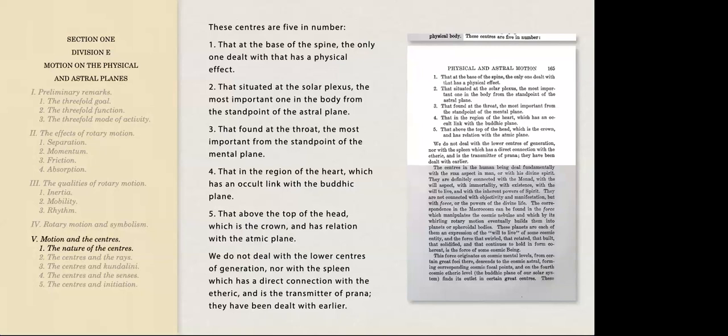That in the region of the heart, which has an occult link with the Buddhic plane. 5. That above the top of the head, which is the crown and has relation with the Atmic plane. We do not deal with the lower centers of generation, nor with the spleen, which has a direct connection with the etheric and is the transmitter of prana. They have been dealt with earlier.